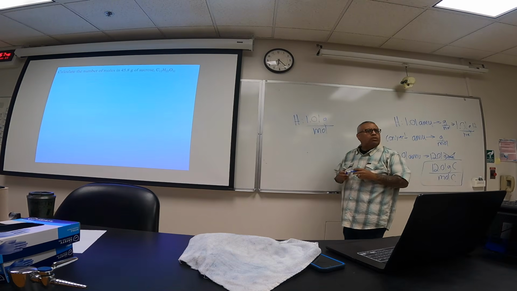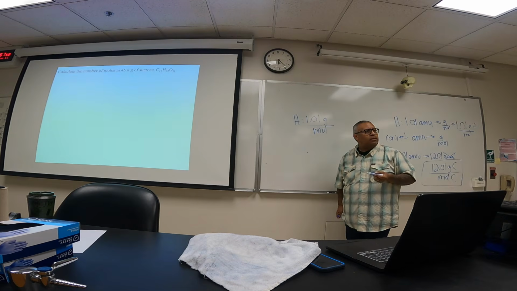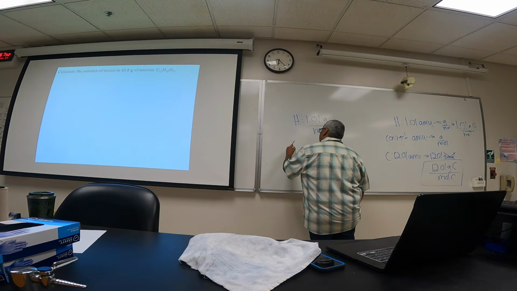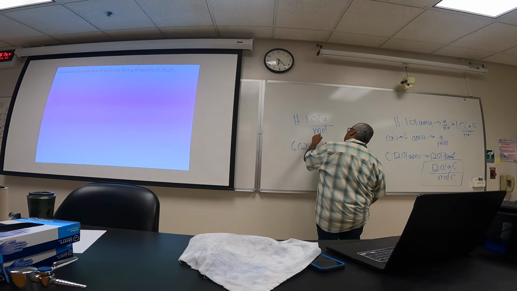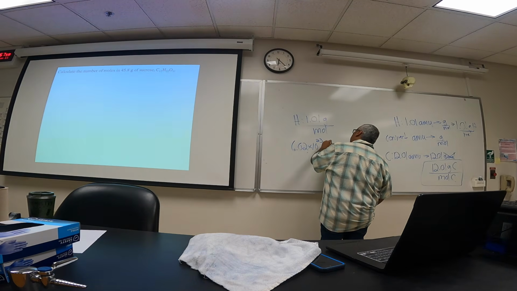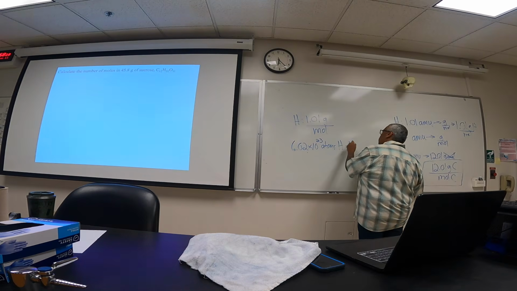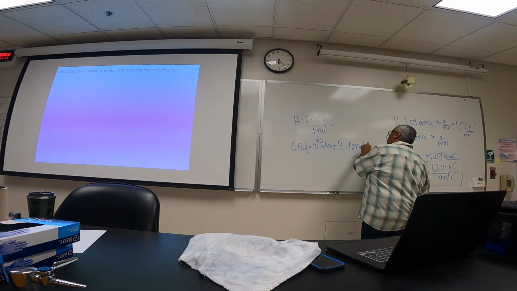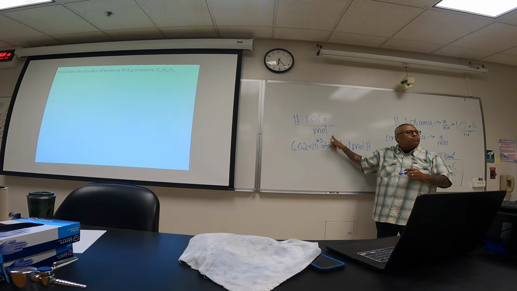And just to kind of drive this home a little bit more, grams per mole. And we understand mole to be 6.02 times 10 to the 23 things. So 6.02 times 10 to the 23 atoms of hydrogen is equal to 1 mole of hydrogen. And that's what this grams per mole really represents.